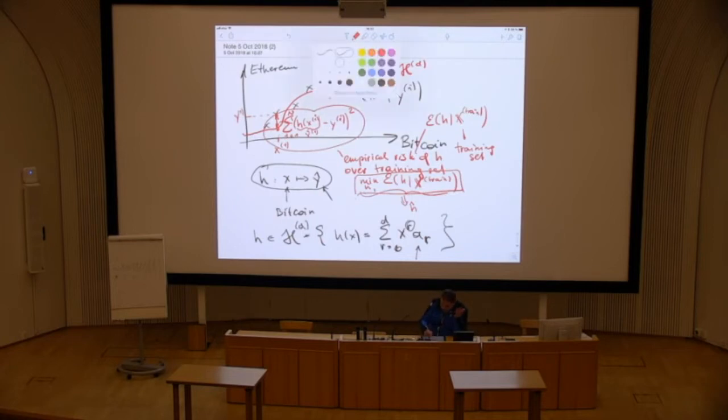In the end, we are not interested in how well the predictor, h hat, imitates the training set, but we want to know how it performs on new data. Let's make the circles here. This is new data. For example, I get the Bitcoin closing price for today and tomorrow, but I don't know the Ethereum closing price.